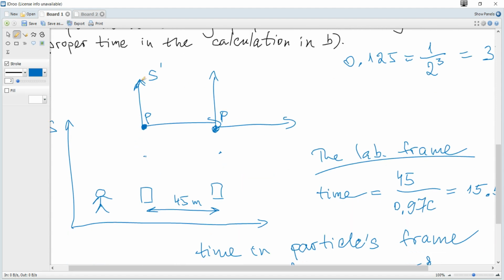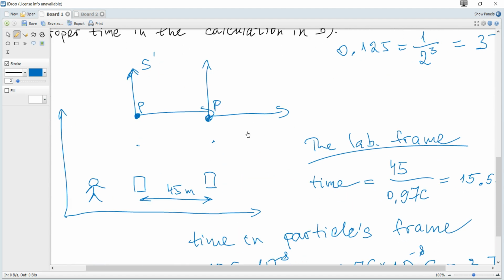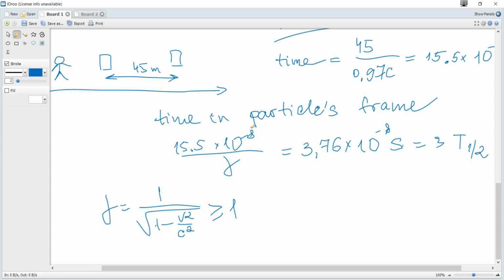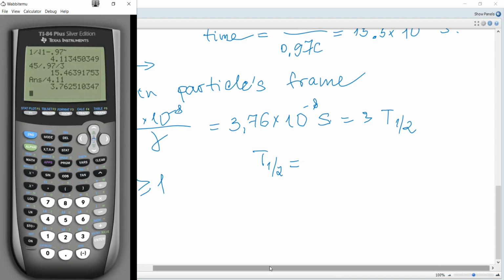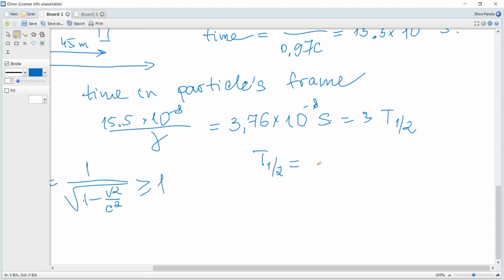So we need the half-life in S prime, and that's why we found the time in S prime. Then the half-life is this value divided by 3, and we get 1.25, or 1.3 to two significant figures, times 10 to negative 8 seconds.